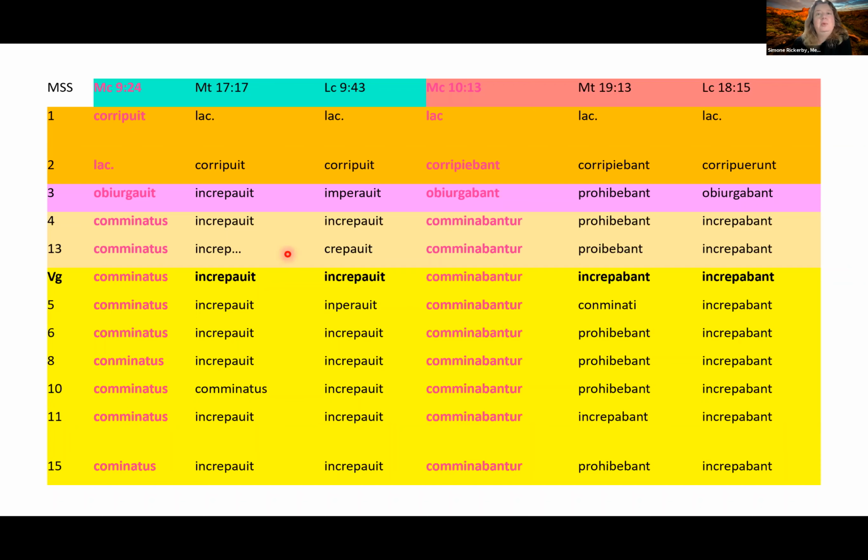This aligns with Itala's K and C texts. VL3, with some variation, regularly attests obligare across the Synoptic Gospels, and this aligns with Itala's D text, which is considered the closest witness to Greek Bezae and Codex Washingtonensis.